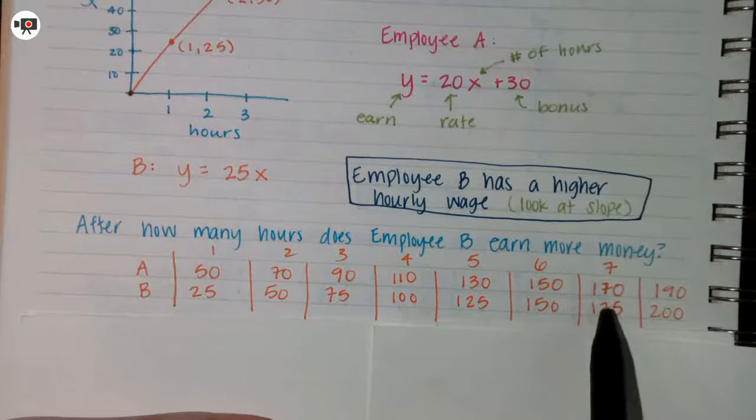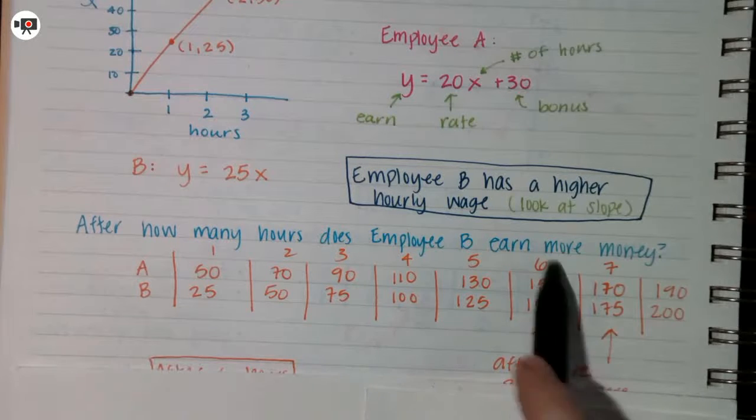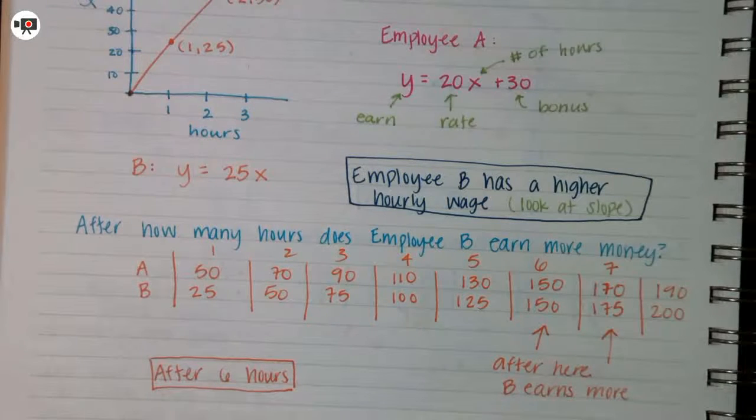Then in hour 7, employee B starts earning more. So it's after hour 6. During the 7th hour, B earns more money. So the answer is after 6 hours, employee B earns more money.